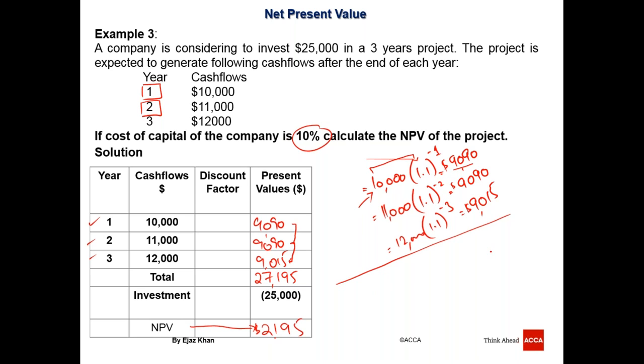If instead of calculating the present value of $10,000, we were to calculate the present value of $1, that is, if I ask you how much maximum should be invested today for $1 to be received in a year's time, in that case we'll write $1 instead of 10,000, times 1.1 raised to the power minus 1. So may I know the value? 0.909.